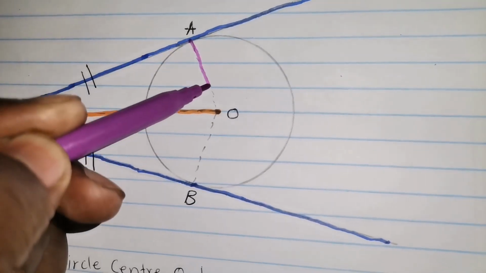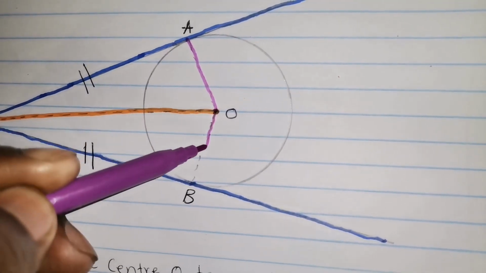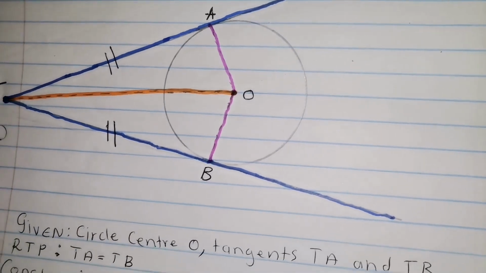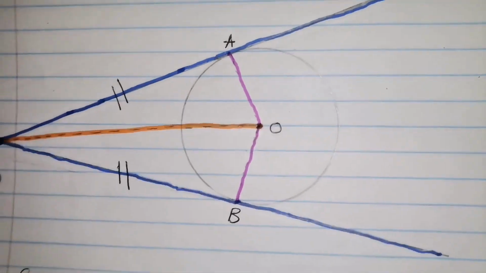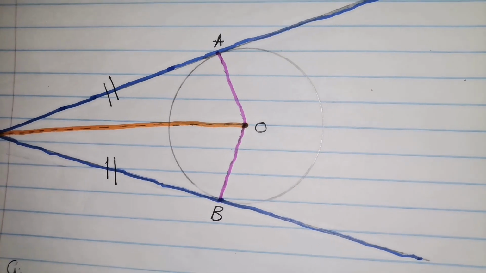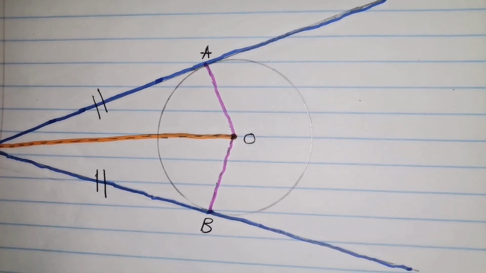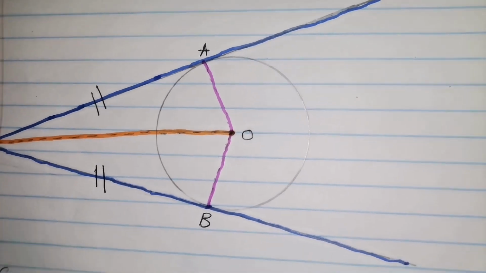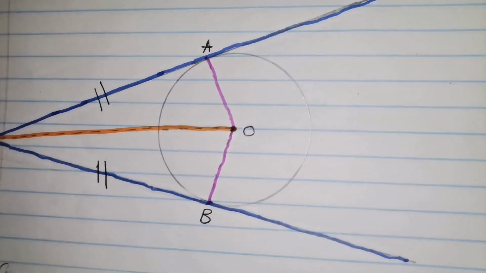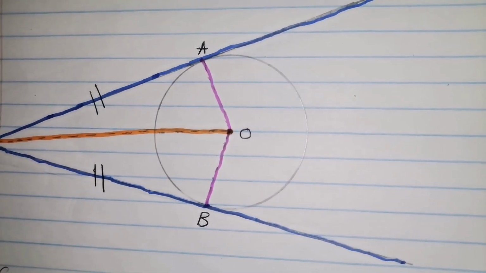And we have our radii. So guys, lines that are equal, sides that are equal and angles are those ones with the same color. X is equal to whatever has the same color, they're equal.